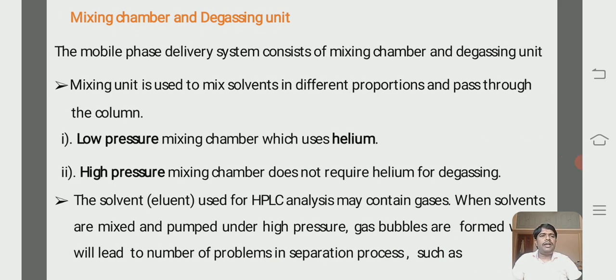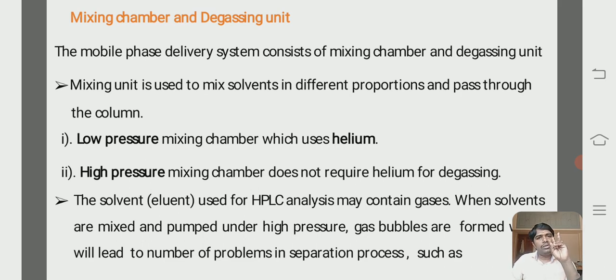Mixing chamber and degassing unit. These two components are important in HPLC. The mobile phase delivery system consists of a mixing chamber and degassing unit. The mixing unit is used to mix solvents in different proportions and pass them through the column.